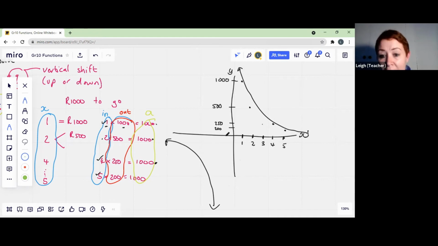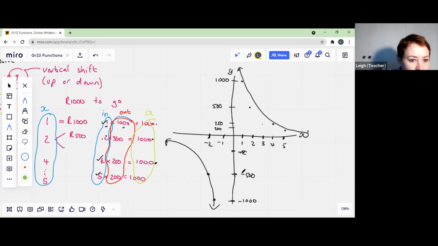And the reason for that, grade 10s, is because if I take -1 and I multiply it over here by -1,000, I'm still going to get that same point. A negative times a negative is still a positive. And if I have -2 over here, and I multiply it by negative 500, negative 2 times negative 500 still gives me a positive 1,000.